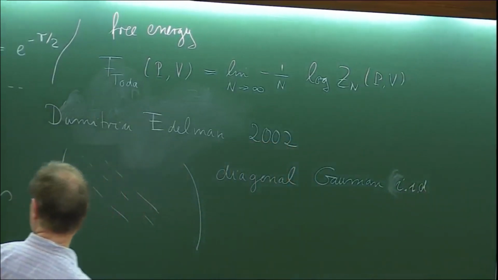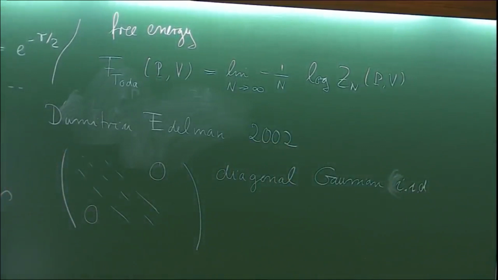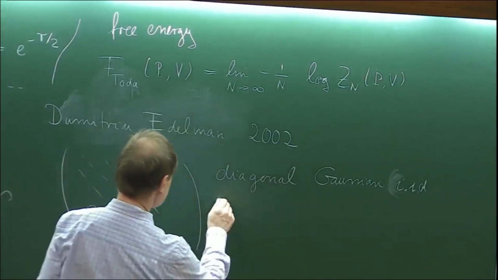That's a good start. That's exactly what we want. What I'm trying to say is they started with a matrix which is rather close to our Lax matrix, but not exactly, and this is what I want to indicate. Okay, so what is the off diagonal?